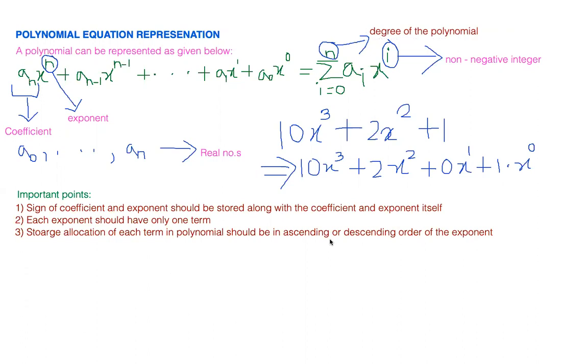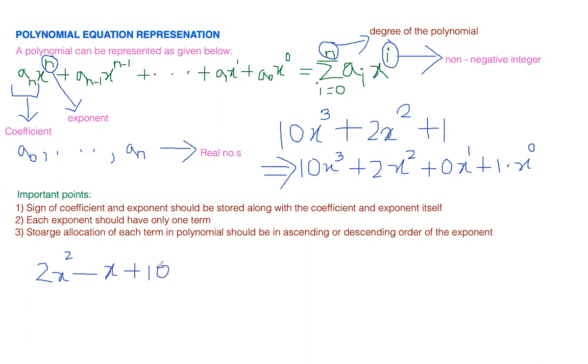Now, if we have to represent this polynomial in computer memory, there are three important points which we should note down. The first point is that the sign of the coefficient and exponent should always be stored along with the coefficient and exponent itself. Suppose we have a polynomial 2x squared minus x plus 10.